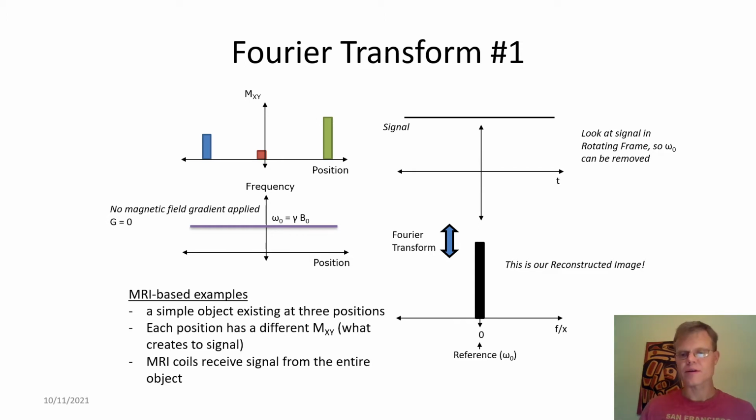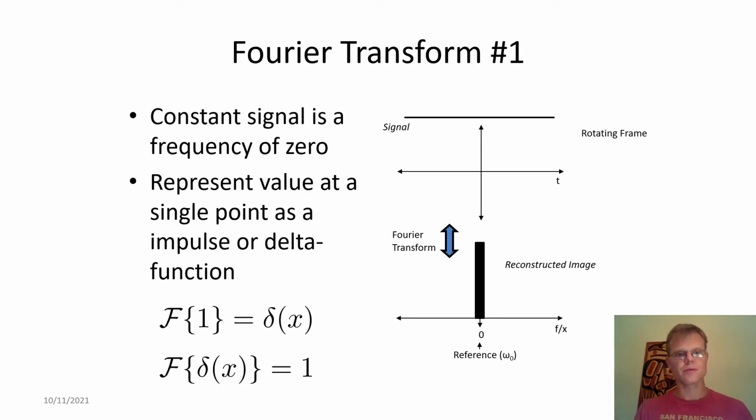Okay, and so it turns out if we take a constant amplitude signal, no change over time, and Fourier transform it, we get what's called a point object at the center of our reconstructed space. So this brings us to our first important function related to the Fourier transform, which is called the delta function, or sometimes known as the impulse function, indicated here, this little delta.